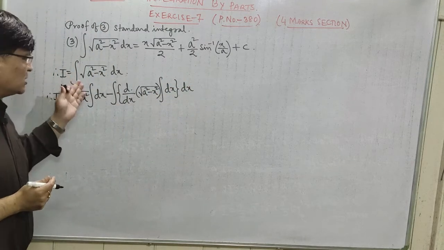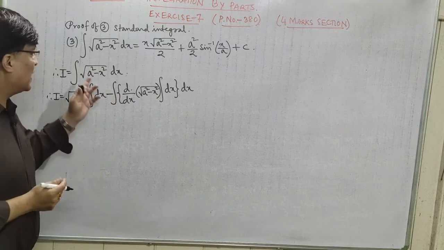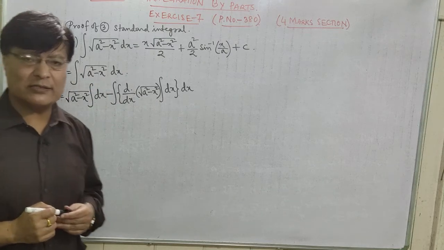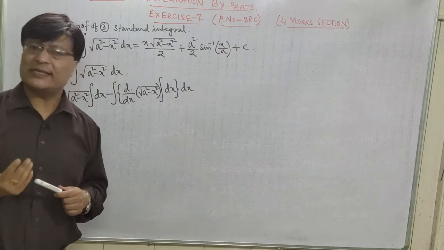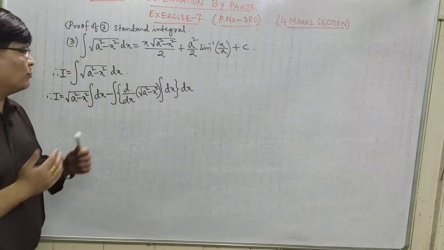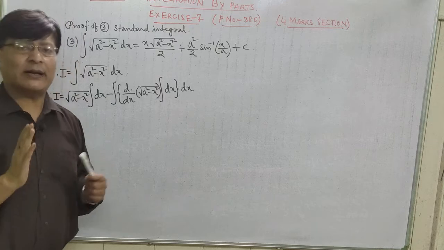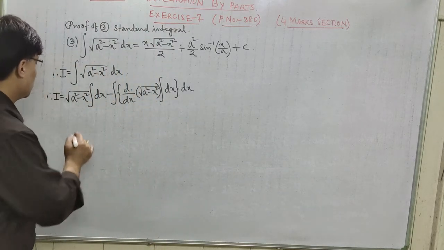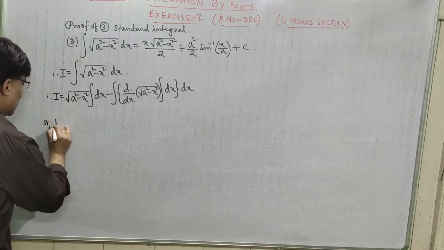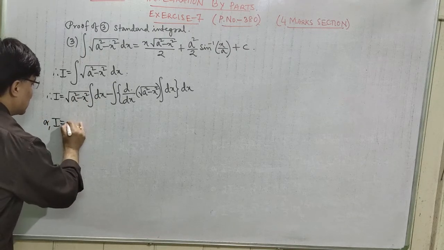Okay. Now this is integration by parts, and this root over a square minus x square is taken as the first function and 1 is taken as the second function. Okay. But in this case, the ILATE word is not used out here. Okay. So I is equal to, what is the integral of 1 dx?